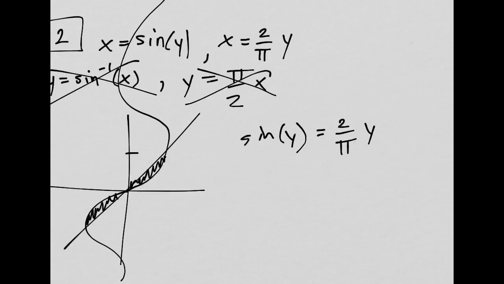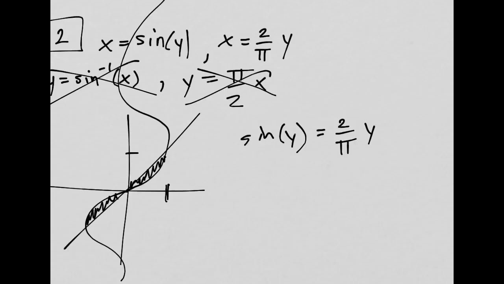It's pi over 2. Do we see that? 1 would be the x coordinate because it's flipped. So that's another thing to consider.